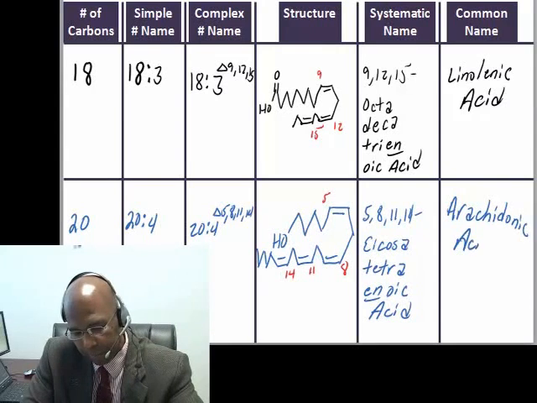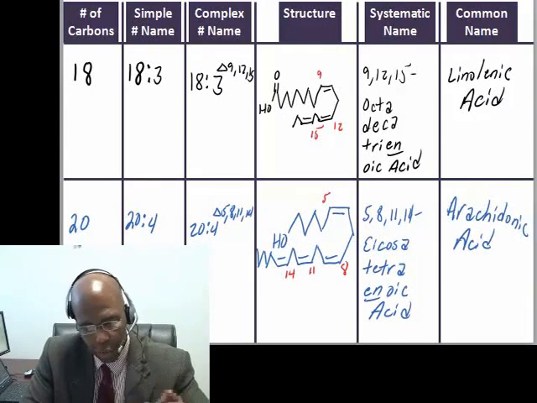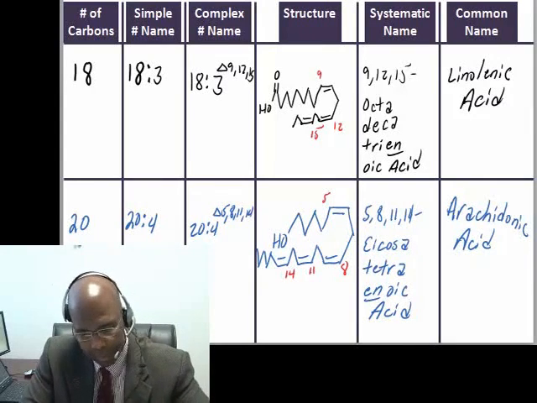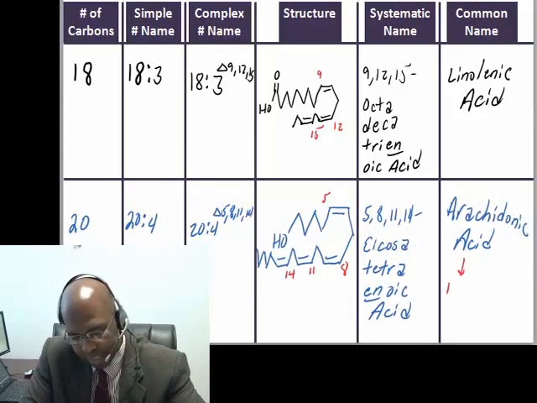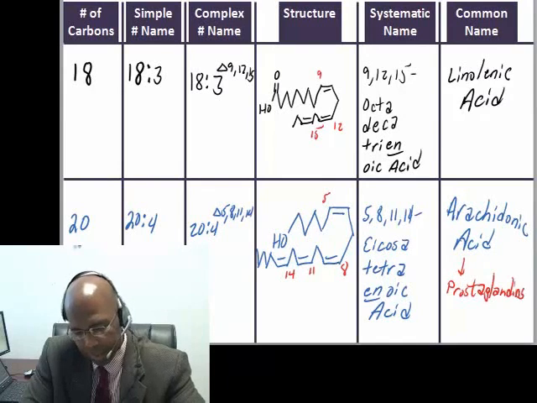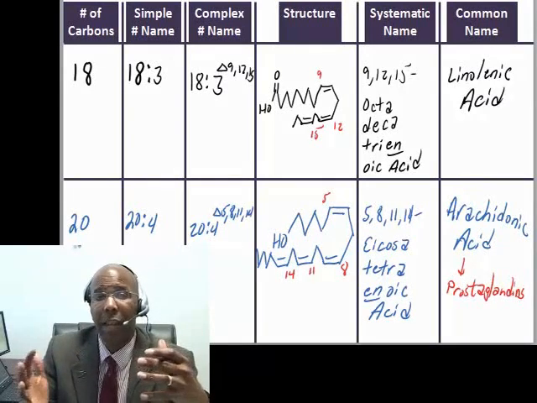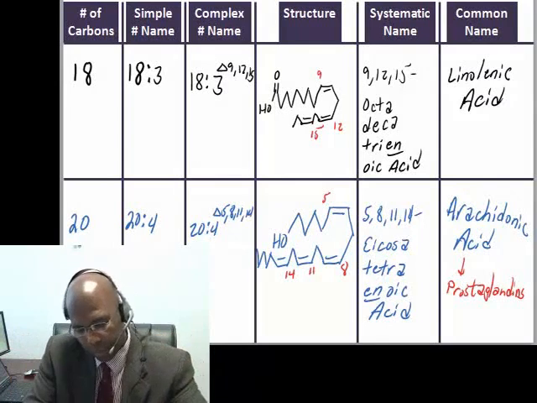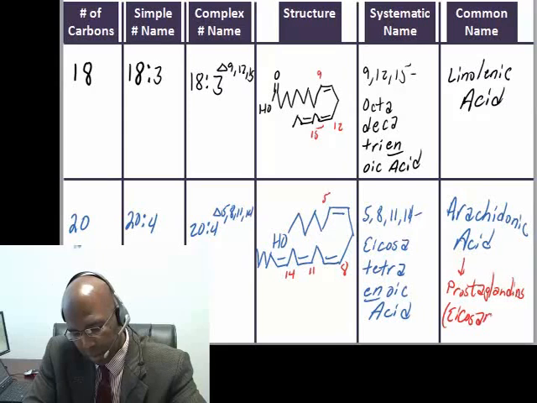Now this arachidonic acid can go on to make things like prostaglandins, and prostaglandins and other molecules that have 20 carbons are called icosanoids because they have 20 carbons.